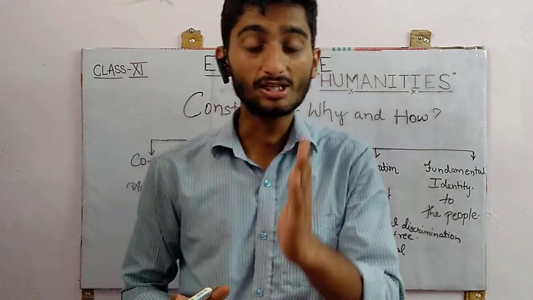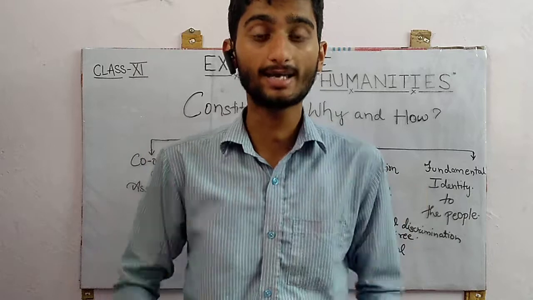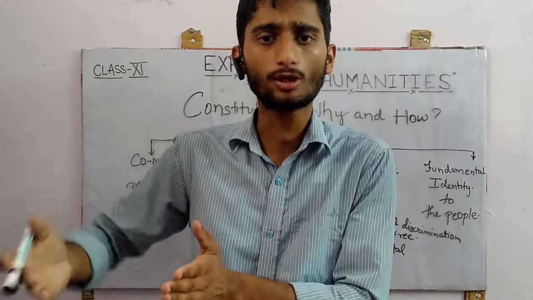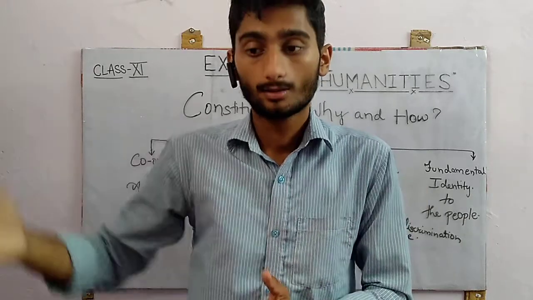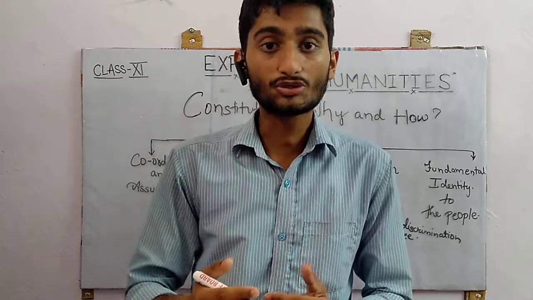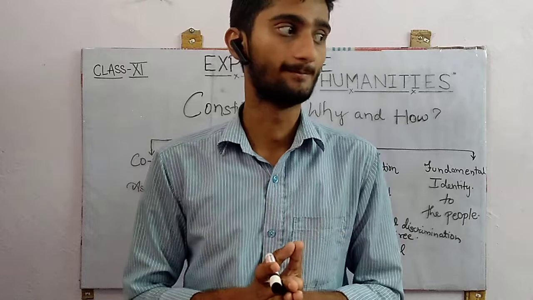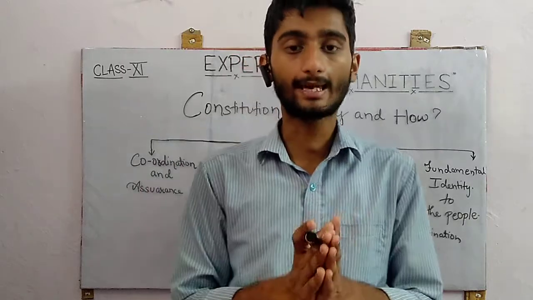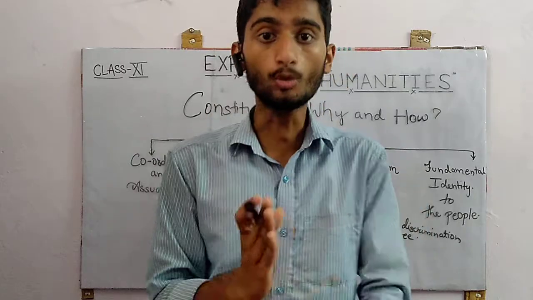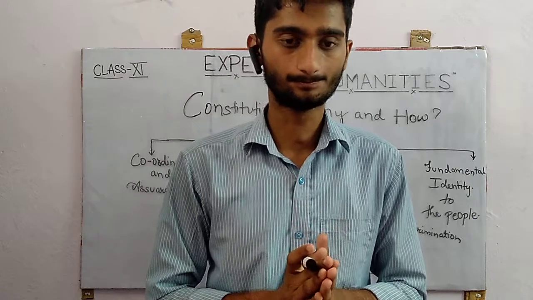The racial discrimination is erased by our Constitution by putting on certain laws and reservations in the seats of the people so that they can be given equal representation in the country.